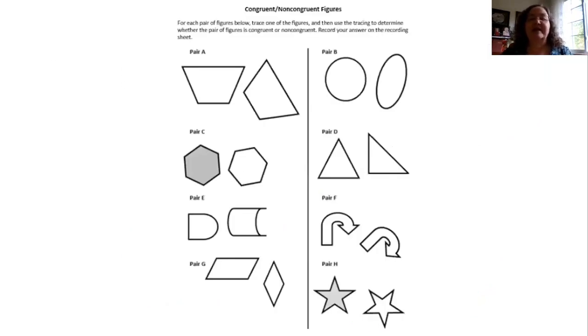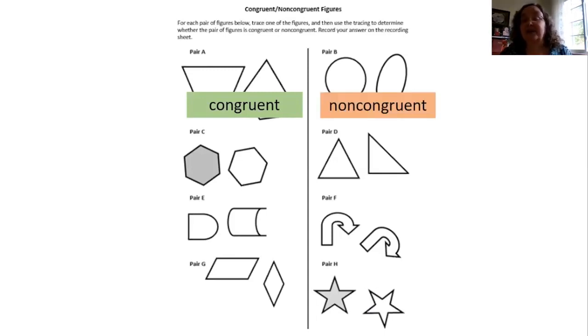Yesterday, you had to finish this page by yourself, talking about congruent and non-congruent figures. So let's just check our answers real quick. Pair A were congruent. They were the same size, same shape. Pair B was non-congruent.